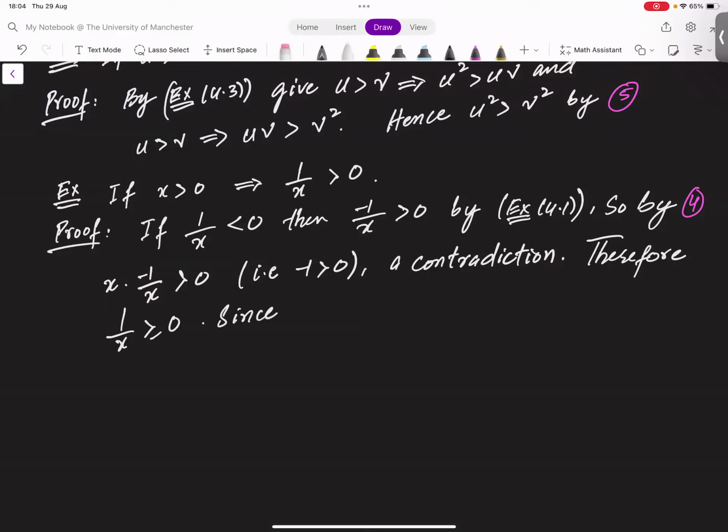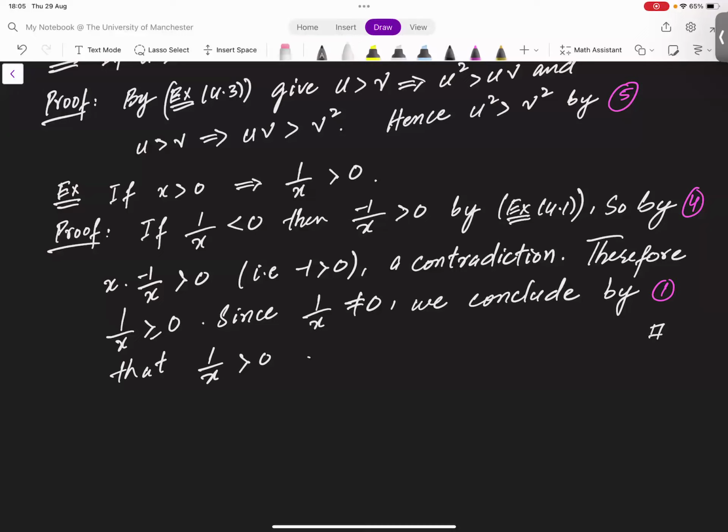Since 1 over x can't be equal to 0, we conclude that 1 over x is greater than 0 only. And that's how we prove it.